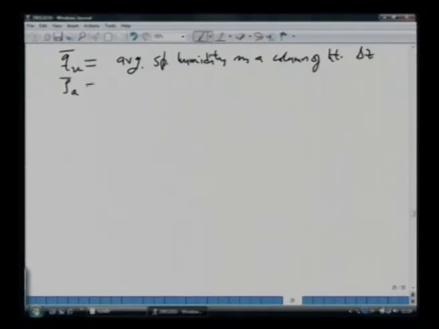And rho A bar is the average air density of moist air in a column of height delta z, same thing.